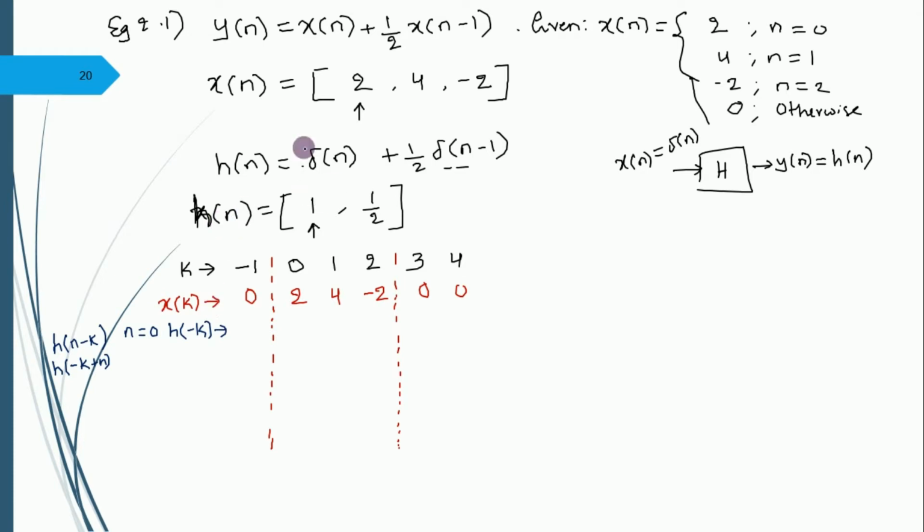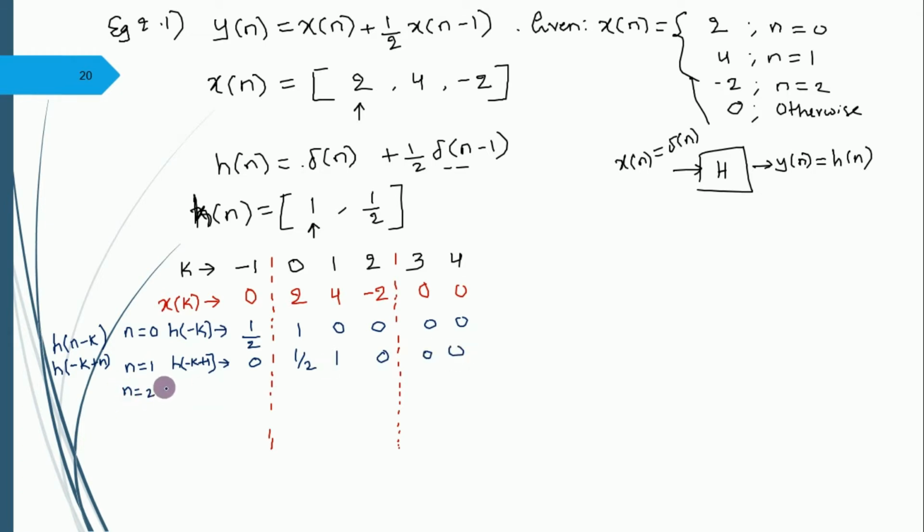If I substitute minus k, it should be folded. If I fold it, whatever I had at index 1 will come at minus 1. 1 by 2 comes over here, 1 will be here, and rest everywhere 0. Now for n equal to 1, h of minus k plus 1, you have to shift it to the right. This becomes 0, half, 1, 0, 0, 0.